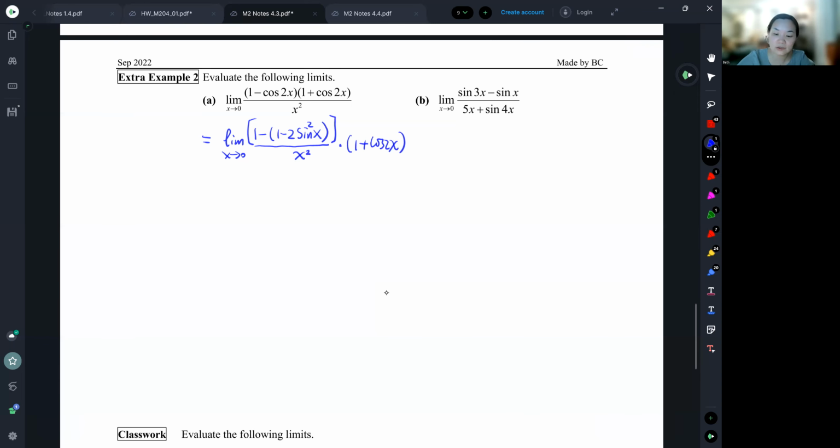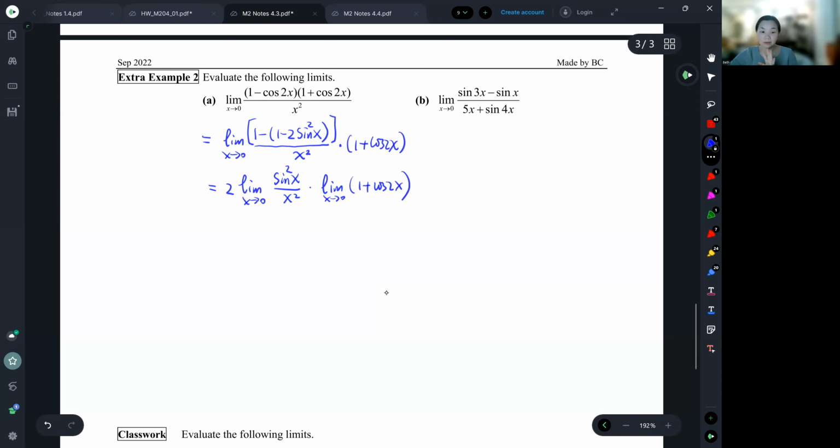So you can see what I do. Now I will take out 2, and then I'll have sine x over x squared. This one, I will just put aside. Now you may think you have to deal with it, but you really don't.